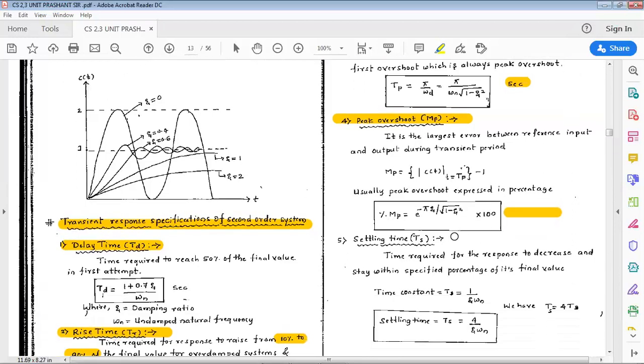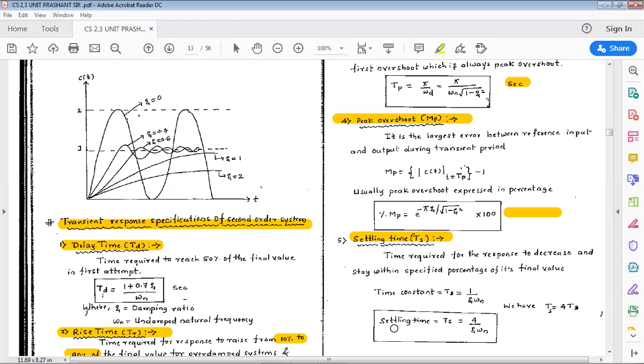The next term is settling time. Its notation is TS. It is the time required for the response to decrease and stay within the specified percentage of its final value. The time constant is defined as T equal to 1 by zeta omega n. We have Ts equal to 4T.